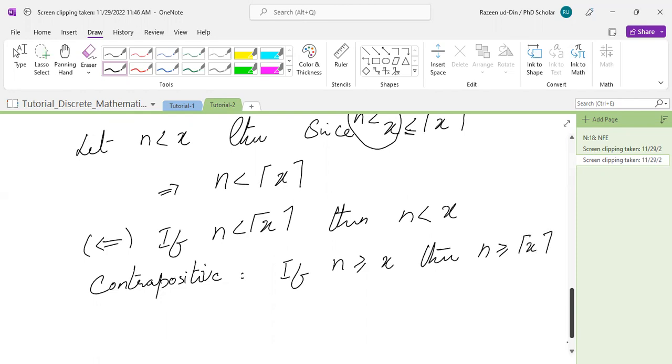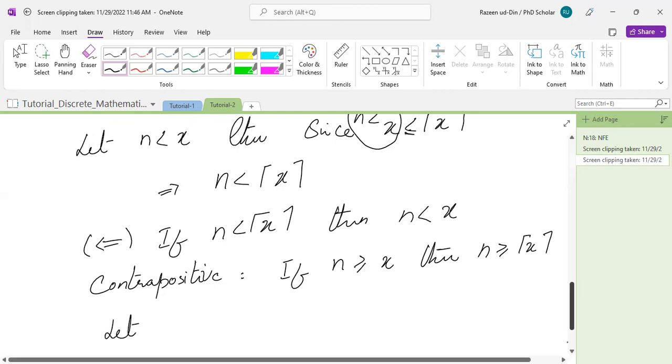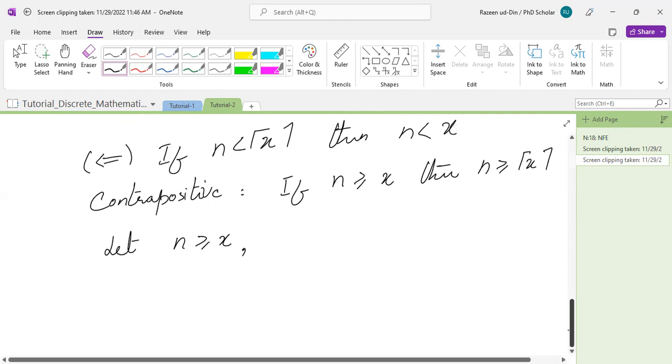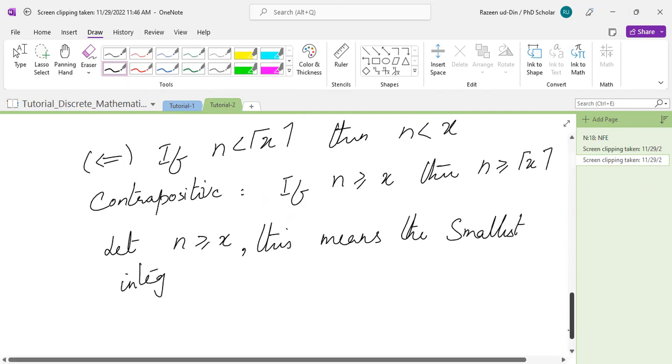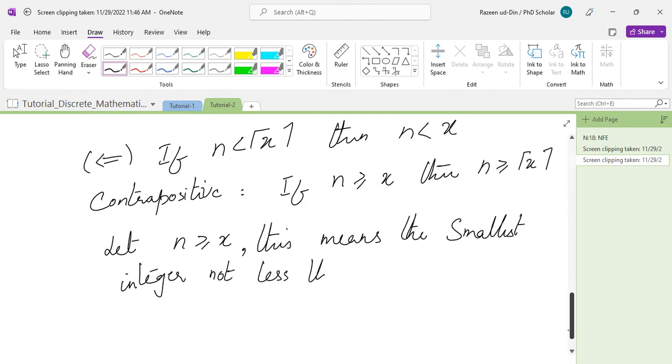Okay, so let the hypothesis, i.e. n is greater than or equal to x. What does this mean? We are saying that n is greater than or equal to x, and this means the smallest integer not less than x must be less than or equal to n, right?